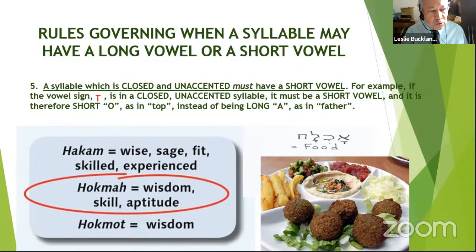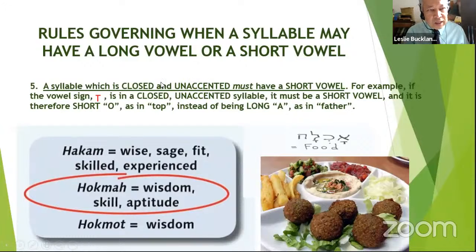Now this rule, rule number 5, is very important, and I will soon explain why. But let us look at the rule first. A syllable which is closed, so you have consonant followed by vowel and followed by consonant, and unaccented, there is no accent.